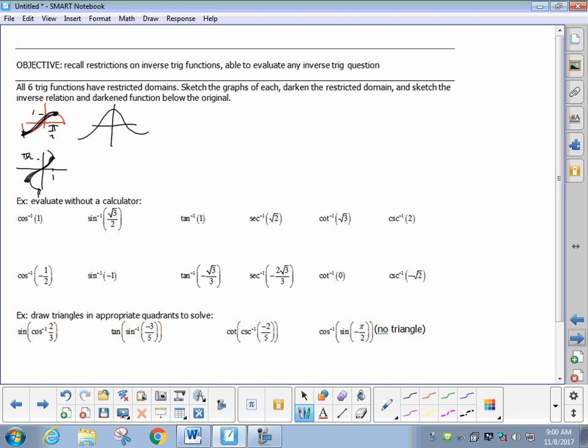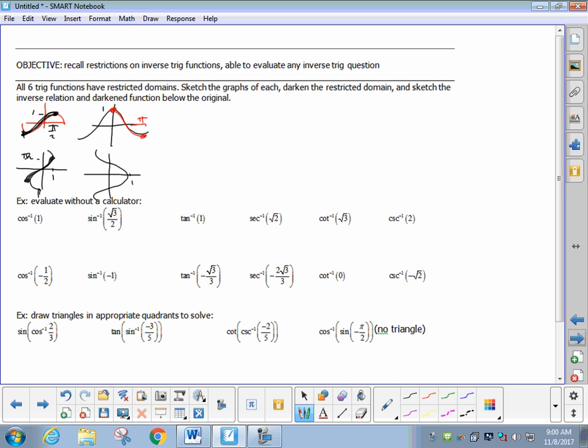and so on. How shall I restrict it so it passes the horizontal line test, gets all possible y values, and close to 0? Restrict it to only 0 to, I need to get to its minimum, so pi. Okay? So I'm going to restrict it to 0 to pi so that when we invert it, instead of crossing the y-axis at 1, it's going to cross the x-axis at 1 and it'll look like this.